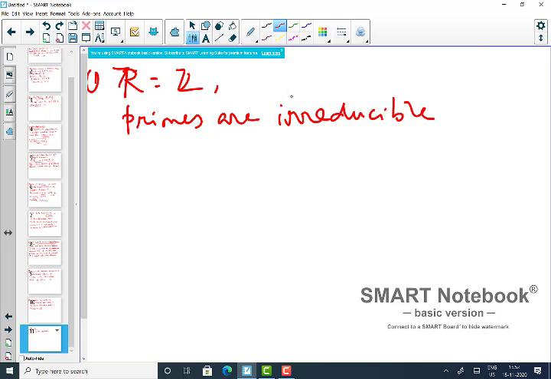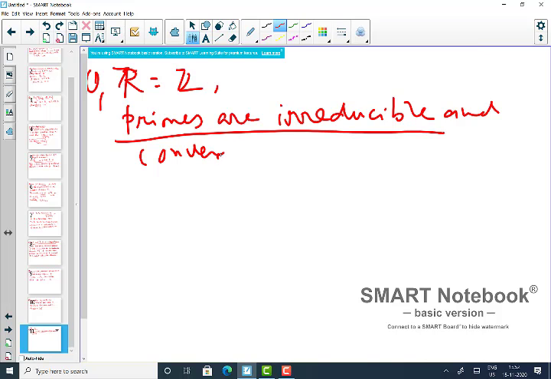And obviously the converse is also true: irreducibles are also primes inside Z. They are the same actually. But in general, can you say anything about the relationship between primes and irreducibles? And the answer is yes.